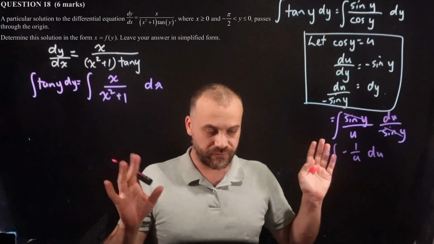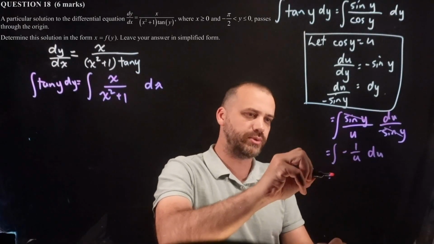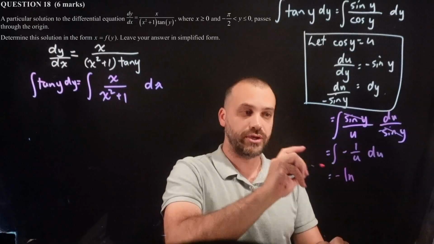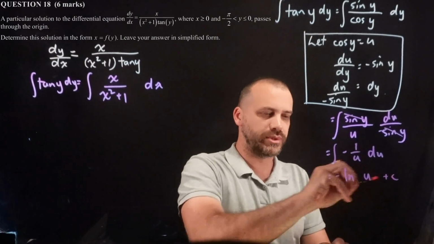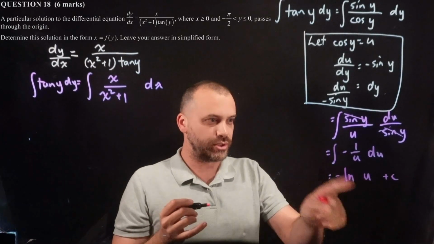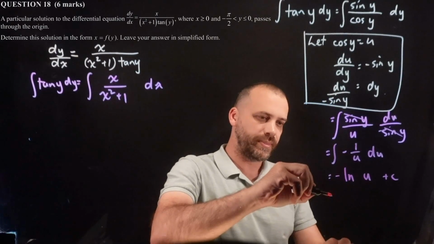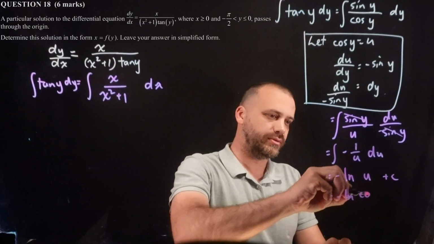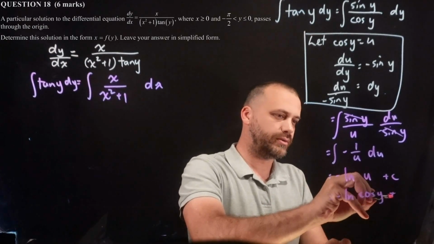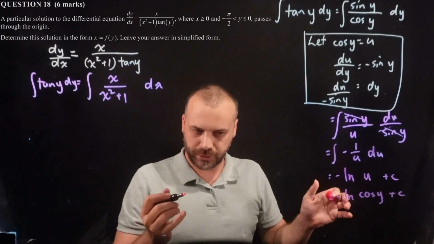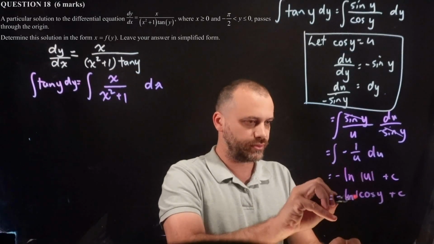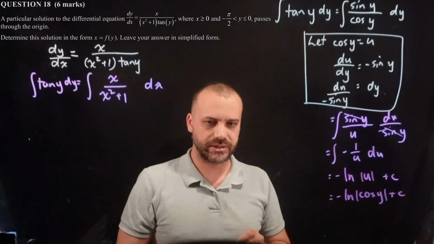Integrating this, very, very straightforward. It's equal to negative ln u. Of course, with a little plus c on the end, but u is not u. u is cos y. Negative ln cos y plus c. Now, I really should put some absolute values in here. Done and done.